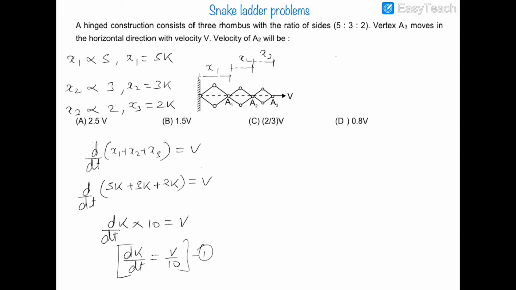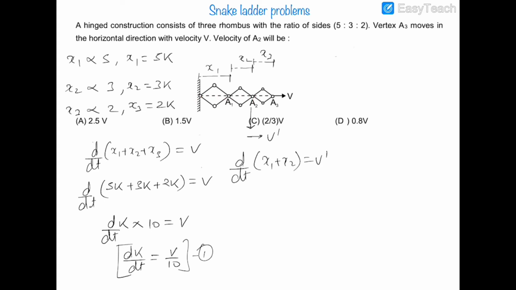Now we need to find out the velocity of this point A2. So let's suppose this point is moving with the velocity v dash. So d by dt of (x1 + x2) is equal to v dash, because v dash is the rate of change of this complete length.